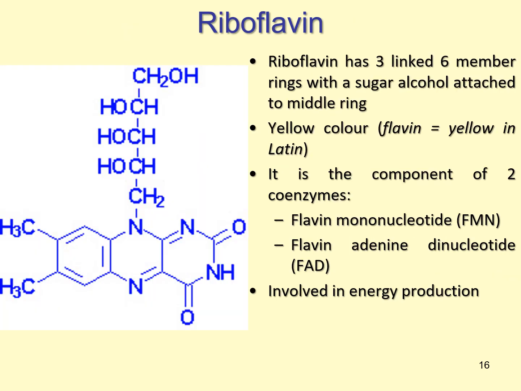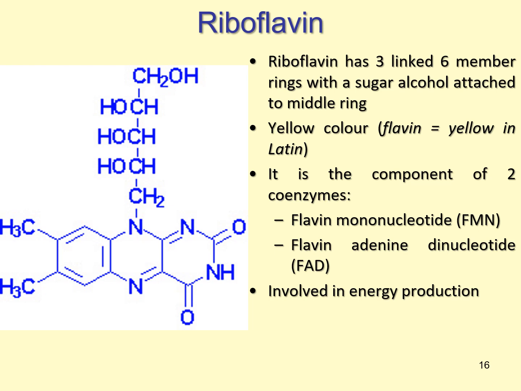The other vitamin is riboflavin. Riboflavin has a C6C3C6 structure, having a nitrogen moiety, and riboflavin has a three-linked 6-membered ring with a sugar alcohol attached to the middle ring, and the yellow color. The name flavin comes from the Latin for yellow.